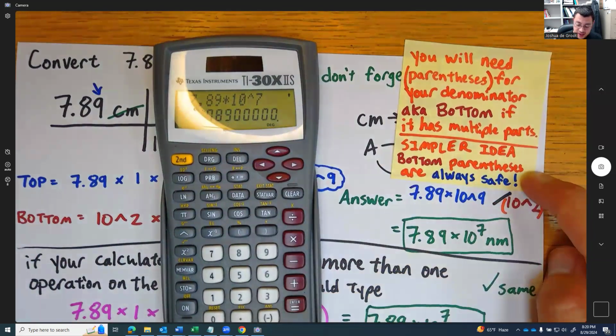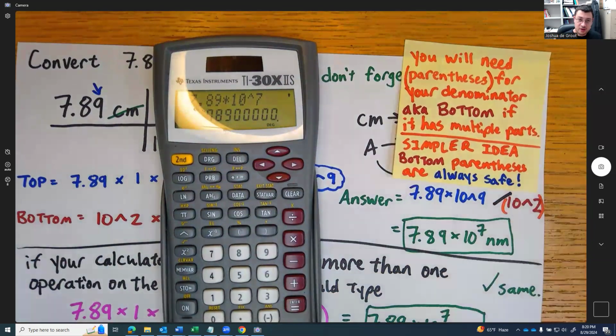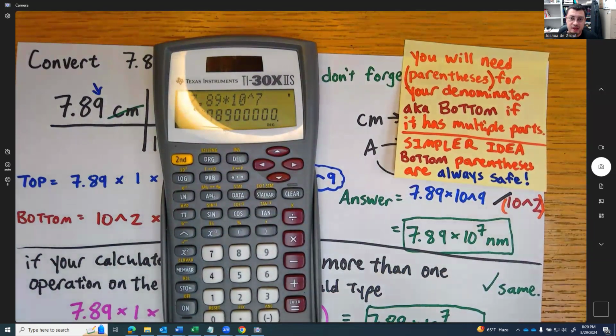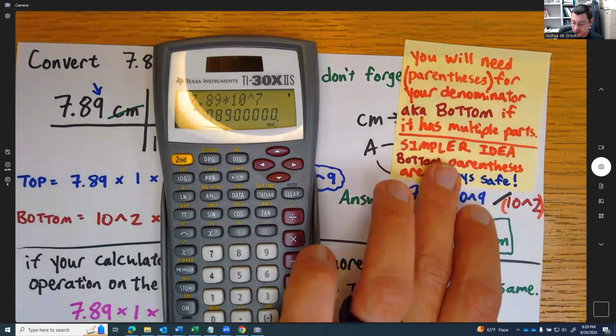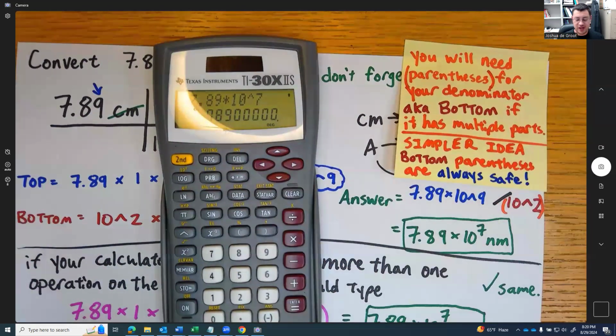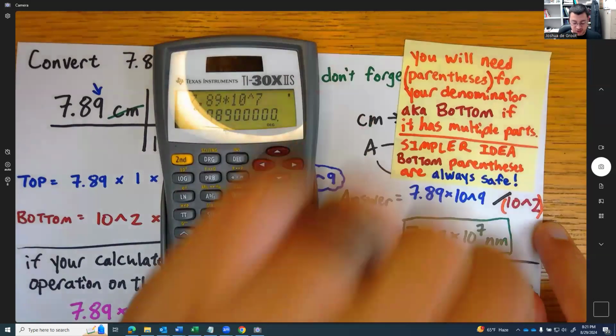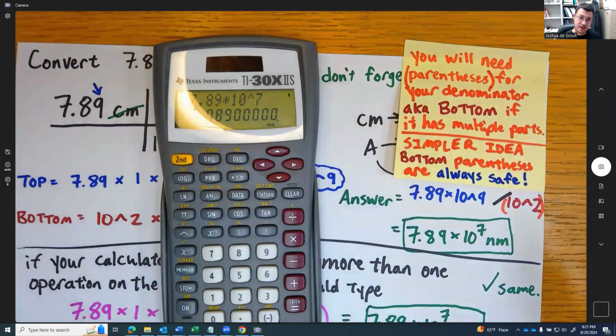Okay. To be a little bit more nuanced about this, you will need parentheses if your denominator has multiple parts to it. Okay. Because otherwise, you're going to have an order of operations error. Okay. But if you never want to think about orders of operations, if you always put a pair of parentheses for your denominator, no matter what, you cannot go wrong with that. Okay.